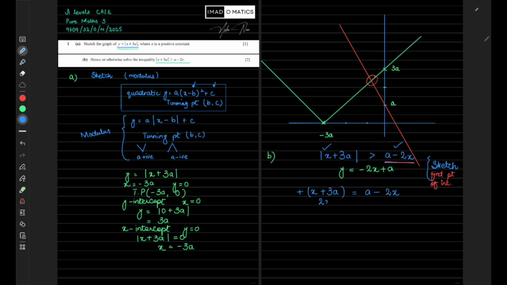So it becomes 2x plus x equals a minus 3a, so 3x equals minus 2a and x equals minus 2a over 3. So where this curve is intersecting, this point is actually minus 2a over 3.